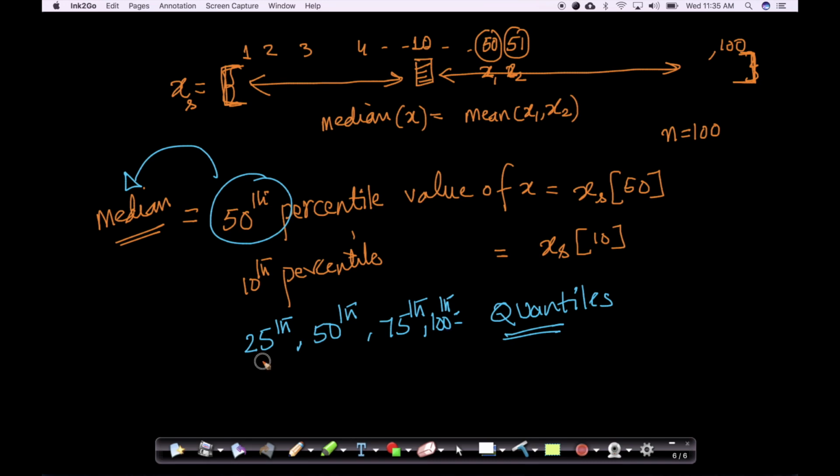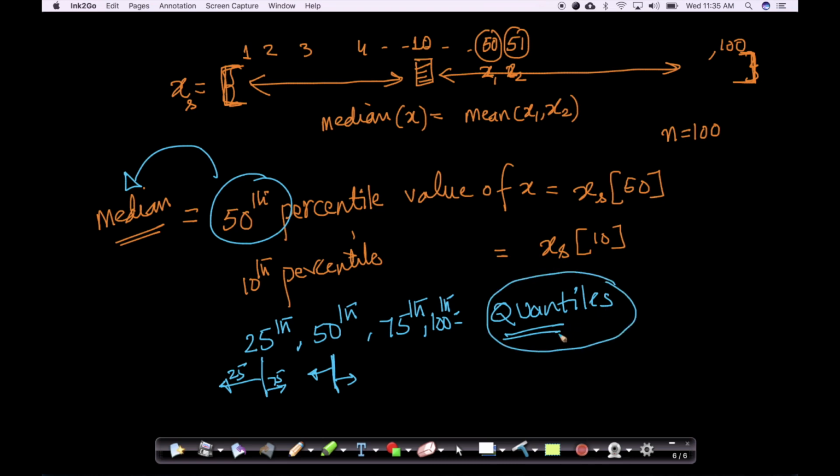The 25th percentile value will tell you that 25% of all your observations are less than this value. The 50th percentile value is nothing but the median, which means 50% of values are less than this and 50% of values are more than this. Here 25% of values are less than this and 75% of values are greater than this, and so on and so forth. So quantile is just a term.